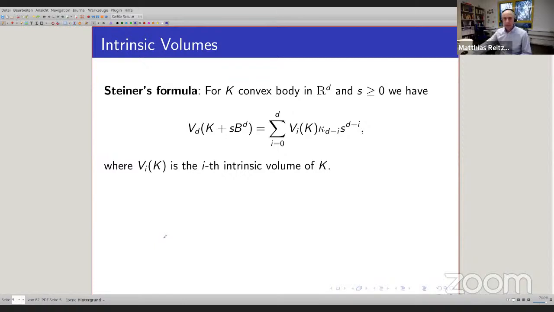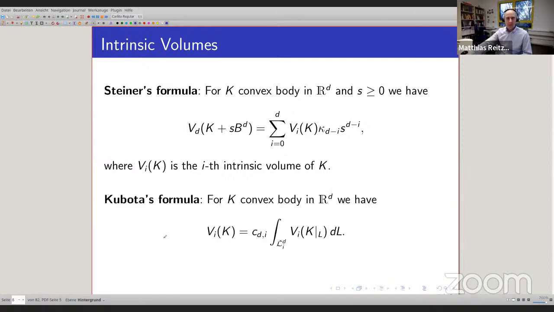And the second possibility to define these intrinsic volumes is the following. You start with your set K here, and now you project your set K onto an i-dimensional plane L. So the projection gives you then an i-dimensional convex set. It's just a shadow of K in this direction. And then you measure the i-dimensional volume of this i-dimensional shadow.